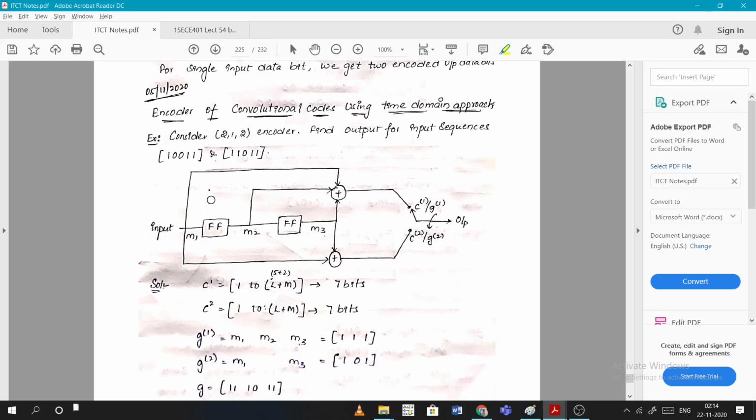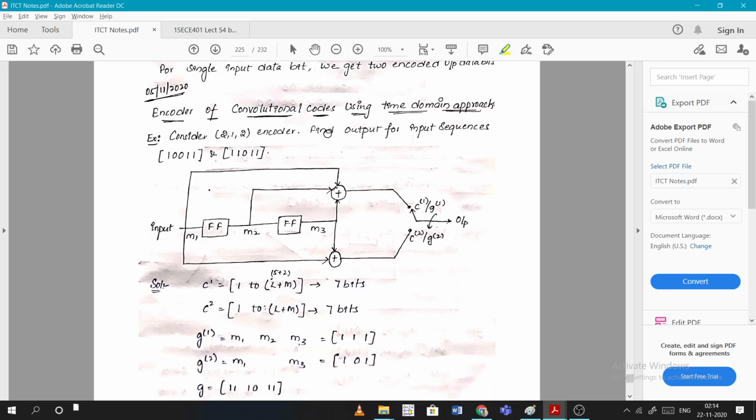So what happens initially, you need to find the length of the code word in both the outputs, when C1 is connected to the top and C2 is connected to the bottom. Basically it will be the same. The output length will be the same, that is 1 to L plus M. The formula to find this is 1 to L plus M. L is 5 and M is 2.